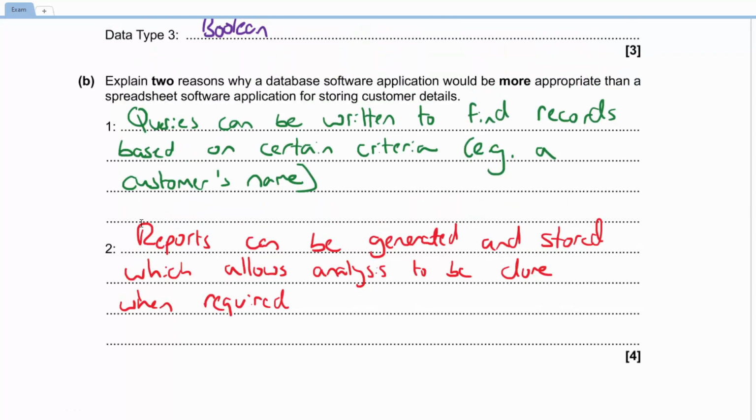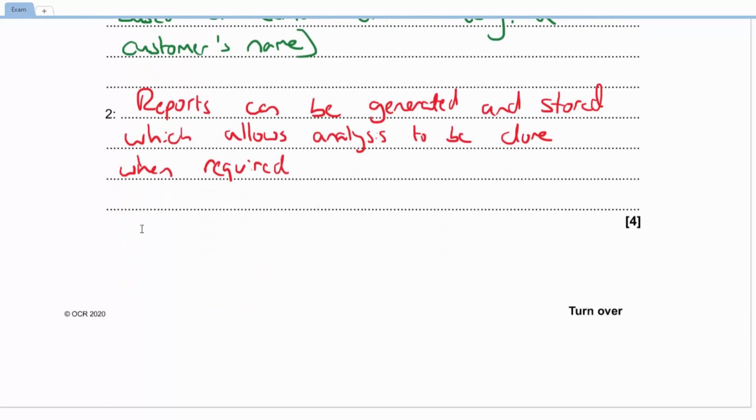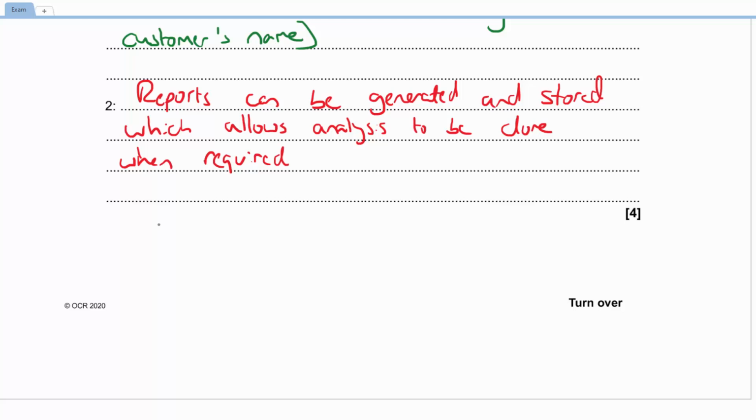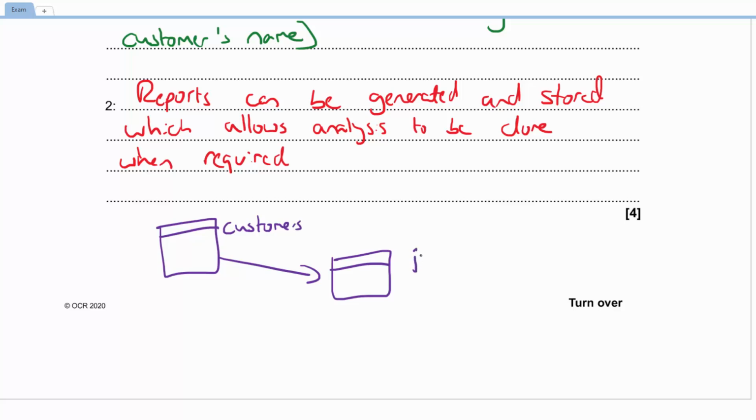There's not really an equivalent feature in a spreadsheet. The only other key difference I would suggest writing is also about relationships, right? In databases, if you are creating a relational database, you've got two tables and there is some relationship between them, there's some connection, right? So maybe you've got customers here as one table, maybe you've got journeys as another table.